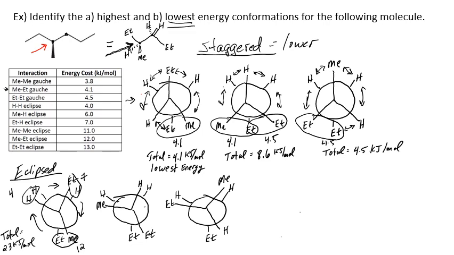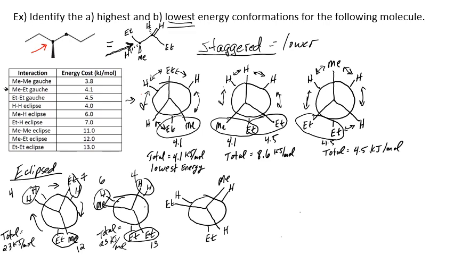And let's look at the second one, my methyl hydrogen. That's worth 6. Hydrogen, hydrogen, 4. Ethyl, ethyl is worth 13. See, their groups are larger. So my total for the second one is also 23 kilojoules per mole.